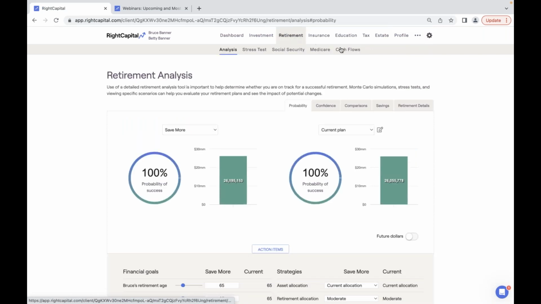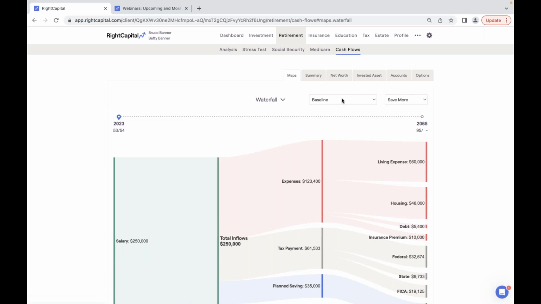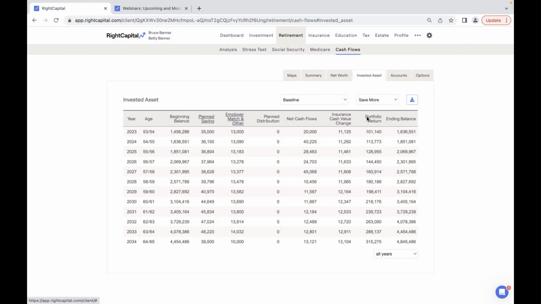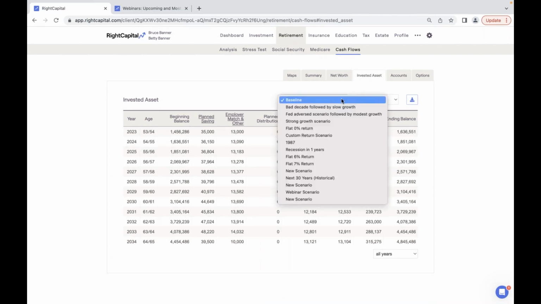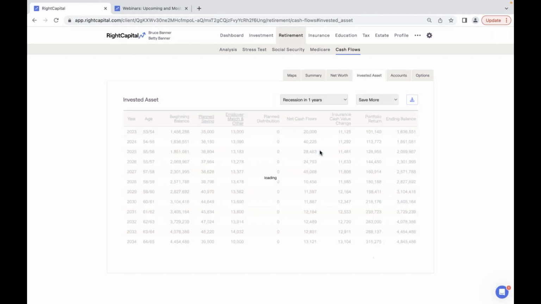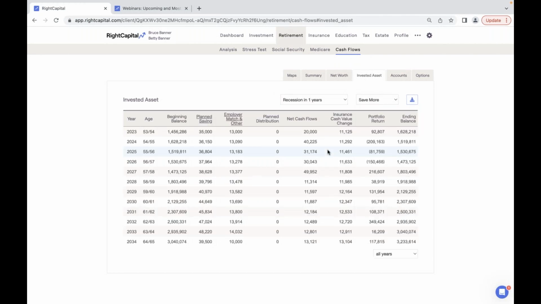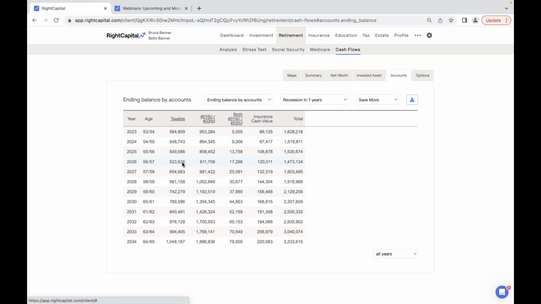So what it means here under retirement cash flows, everyone, is that you are able to see this new drop-down menu that allows you to say, well, let's look at the portfolio return each year, for example, and let's look at what happens if there's a recession or a flat return rate or something else happening, and we'd be able to actually analyze what this looks like in terms of the portfolio return, how maybe that changes the accounts over time and the value in those accounts.